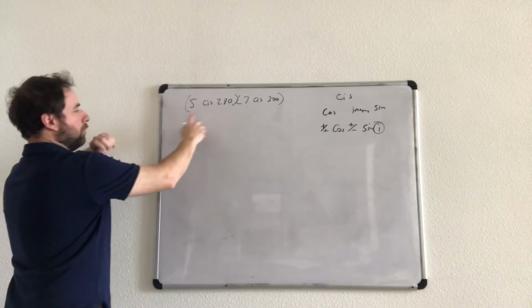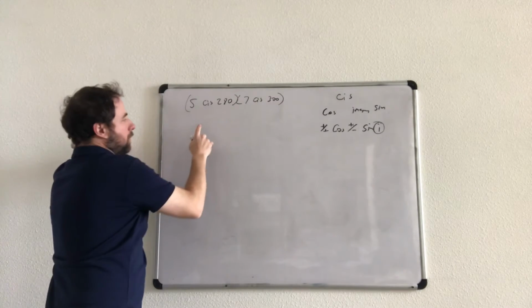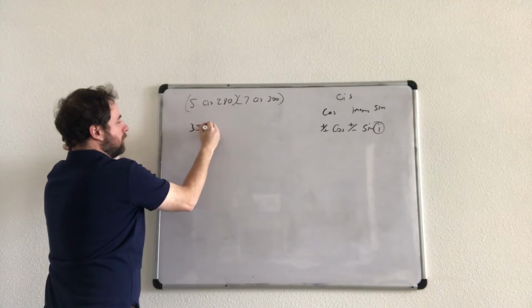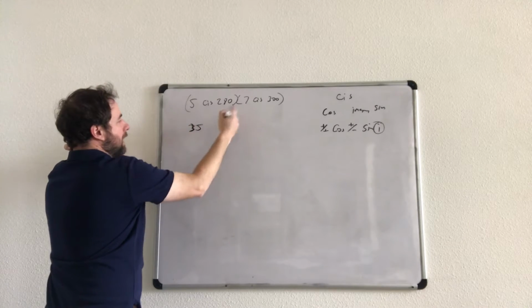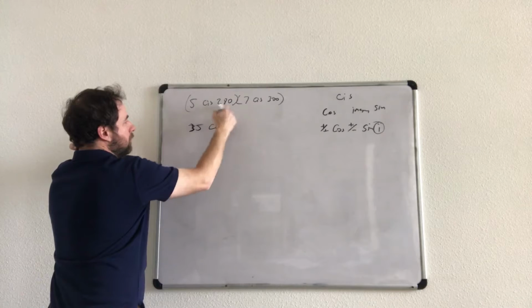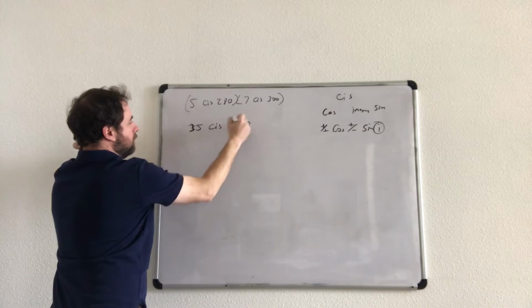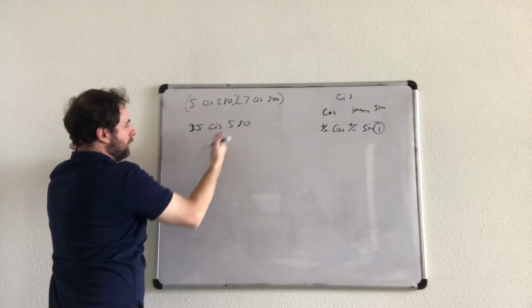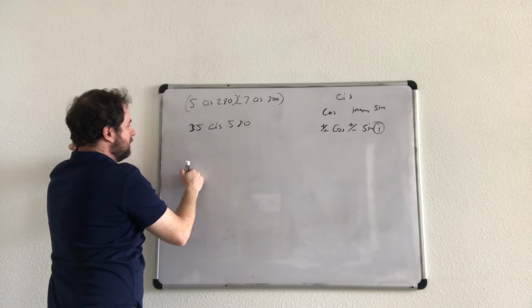So when you're multiplying the CIS problems, you actually will multiply 5 times 7, which is 35, and then you'll add 280 and 300, which gives you 580. And you can subtract 360 or whatever, it doesn't matter, leave it as 580.